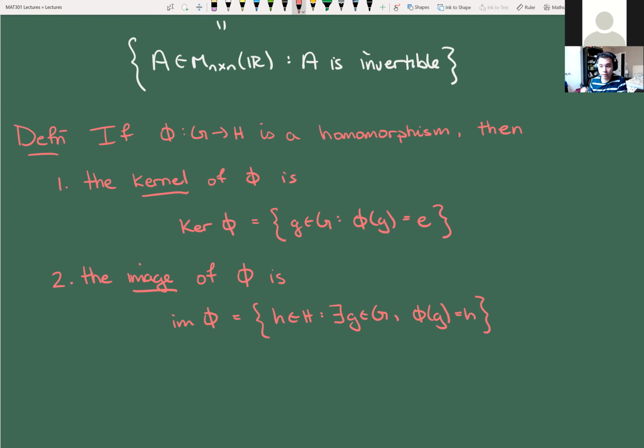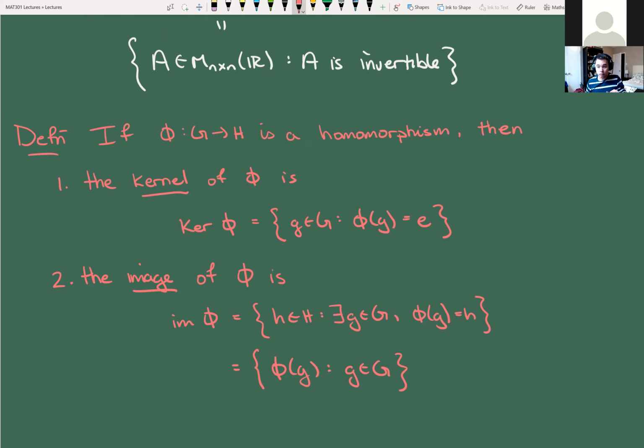It's the collection of all elements such that there's something in G which maps to it, or we could write this, and I kind of like this other way a little bit better, even though it's not as proper: it's the collection of all phi(g) such that g is in G. Those are the same thing. It's basically the range of the function.